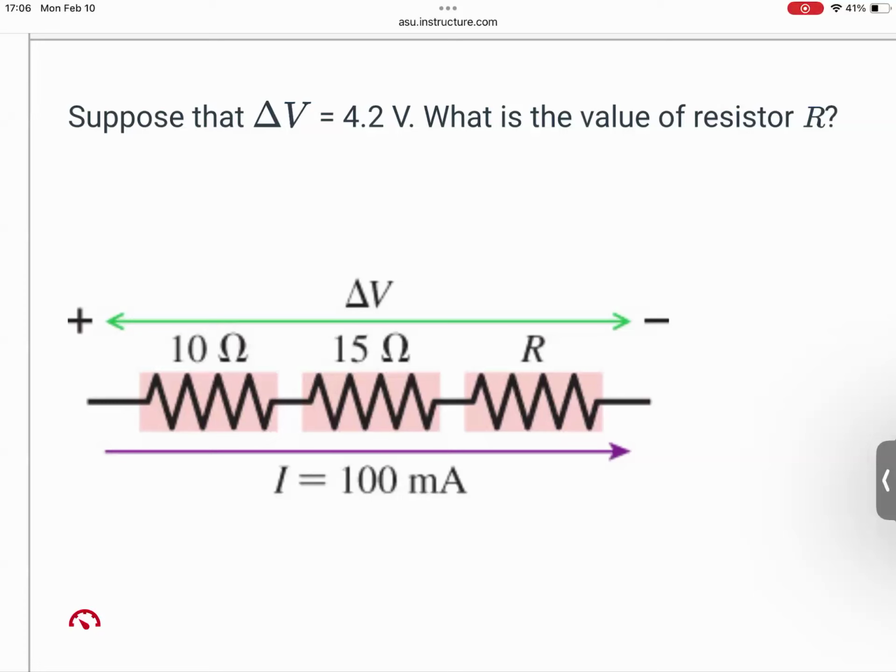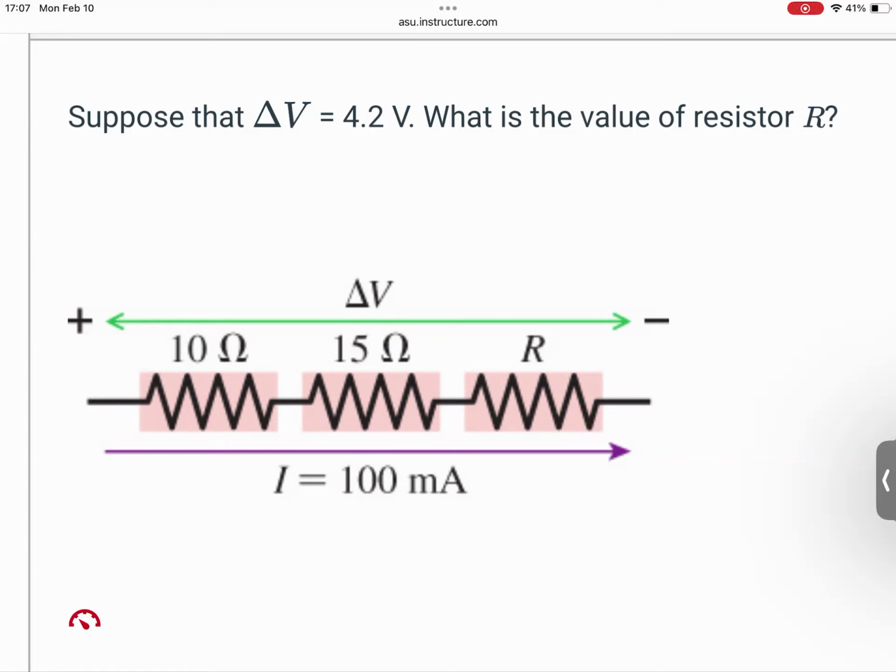The current that flows is 0.1 amps. V equals I times R tells you the total resistance is 4.2 divided by 0.1 is 42 total ohms. Okay, 42 ohms comes from what? 25 plus unknown? Must be 17, right? Yeah.